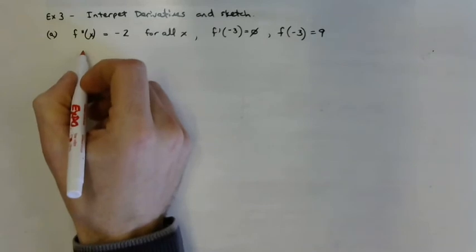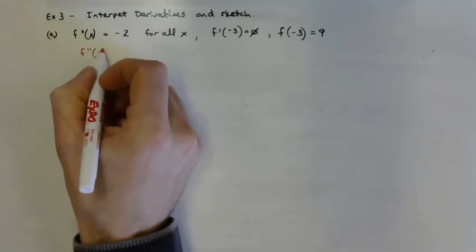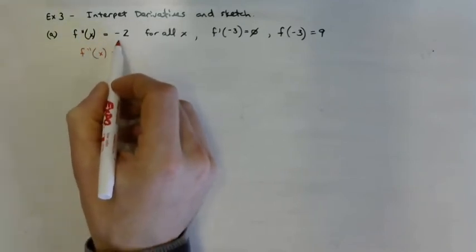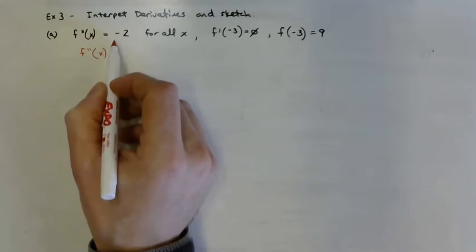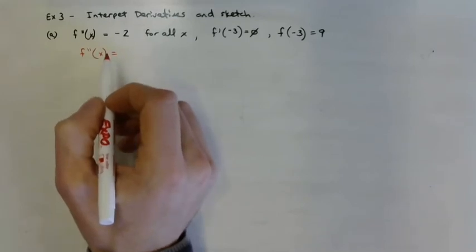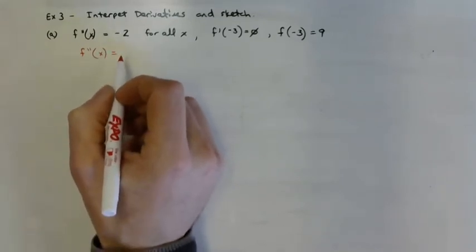Okay, here's a bunch of things that we know then. If f double prime of x is negative, what does that tell us? If the second derivative is negative, then this function is always going to be concave down.